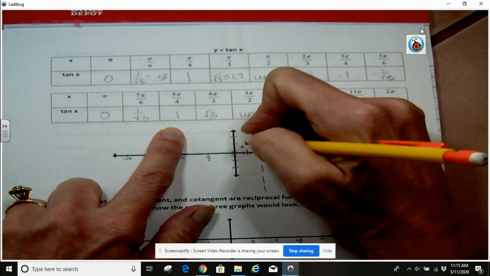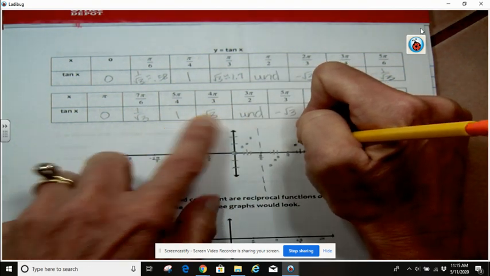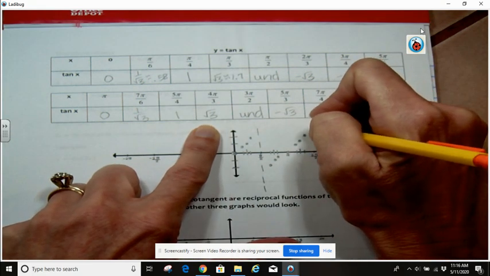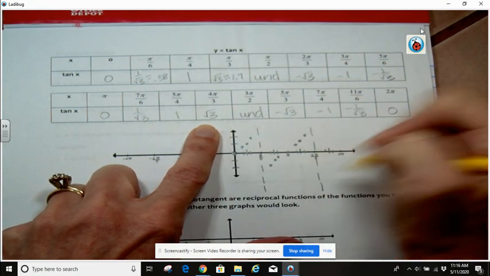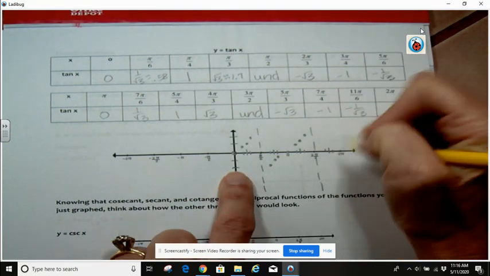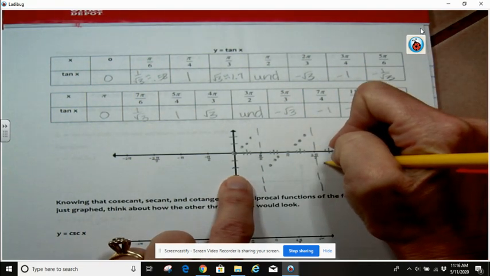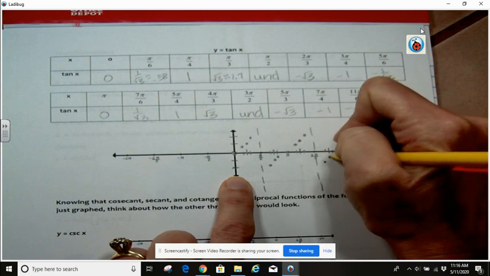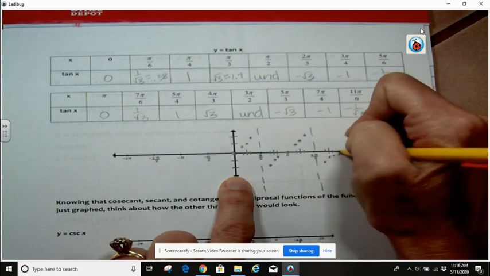And then 1. And then 1.7. And then we have another asymptote. And that pattern can continue, except now we're going to be down here. So we've got our negative 1.7, negative 1, negative 0.58, and 0.